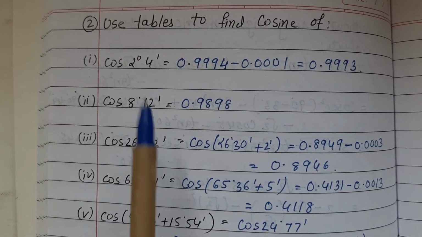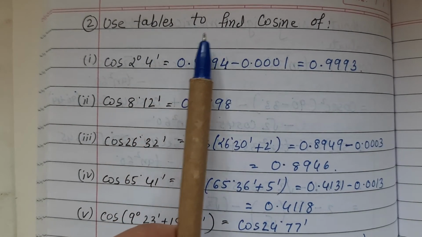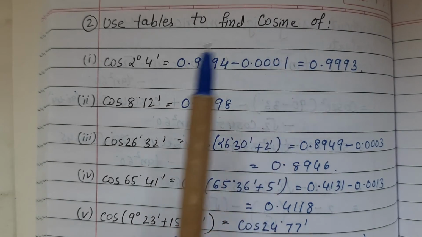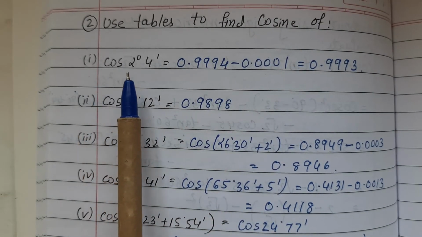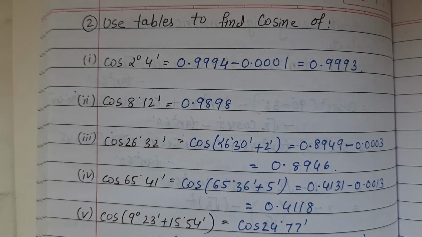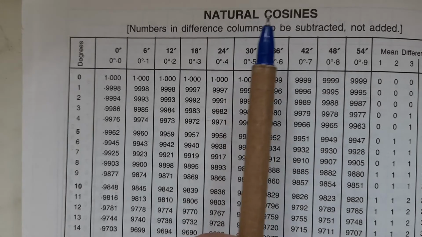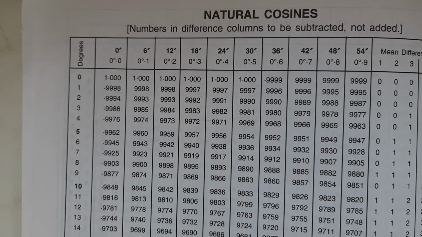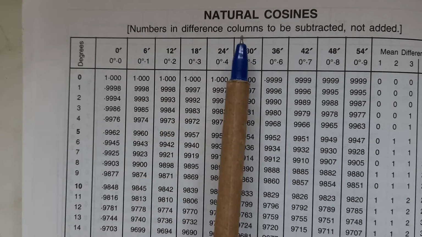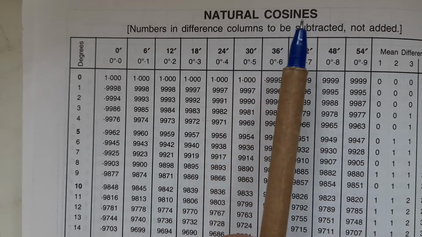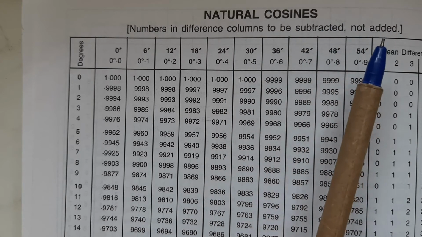Second sum, use tables to find cosine of, first sum, cos 2 degree 4 minutes. Here in your textbook, natural cosine is on page number 452. The number in the difference column is to be subtracted, not added.